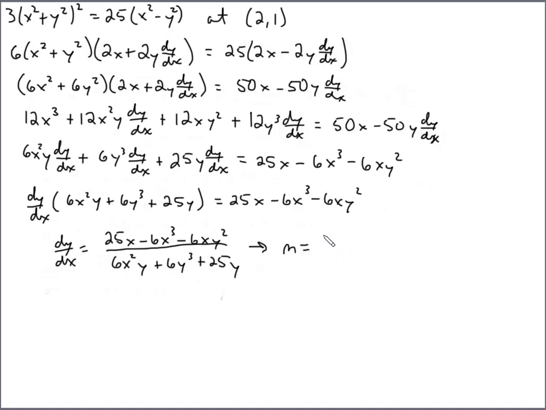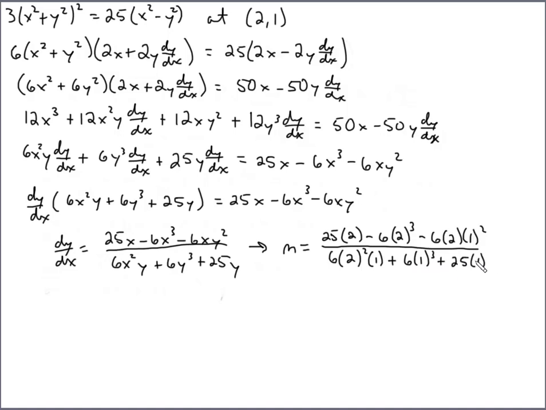m is going to be equal to whatever we get when we plug in that point, so 25 times 2 minus 6 times 2 to the third power minus 6 times 2 times 1 squared, divided by 6 times 2 squared times 1 plus 6 times 1 to the third power plus 25 times 1.